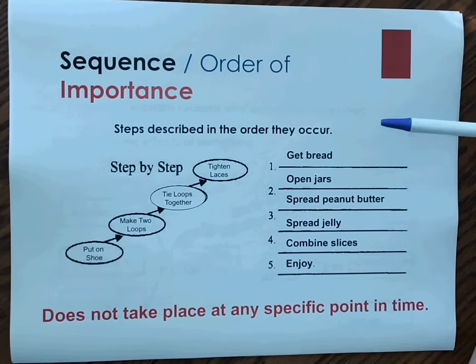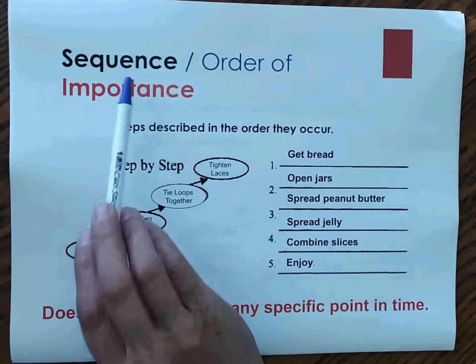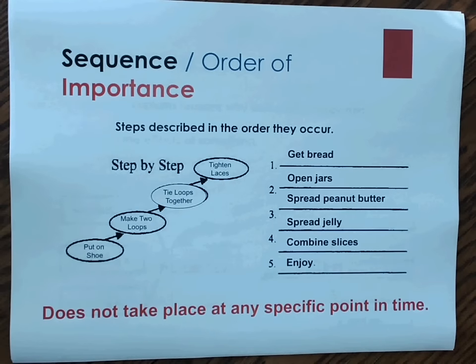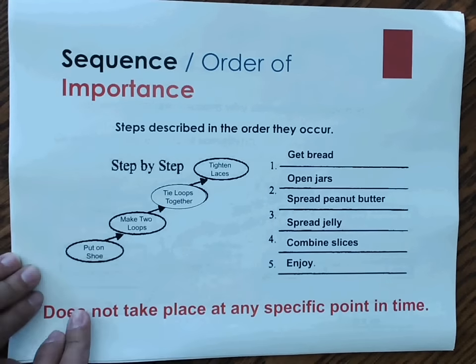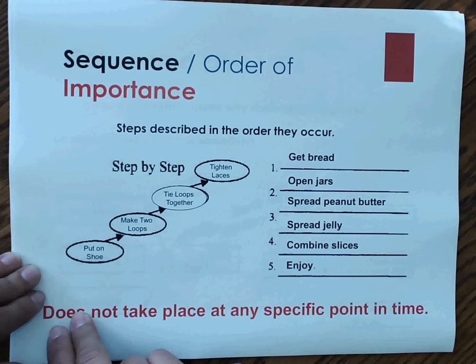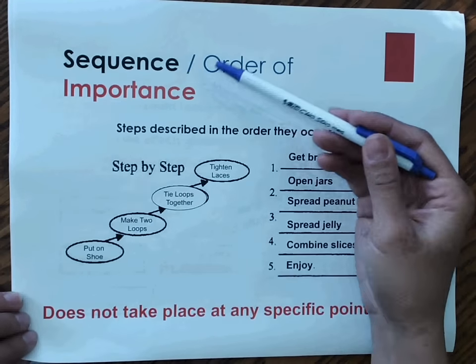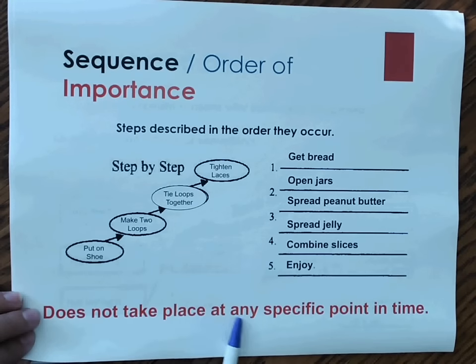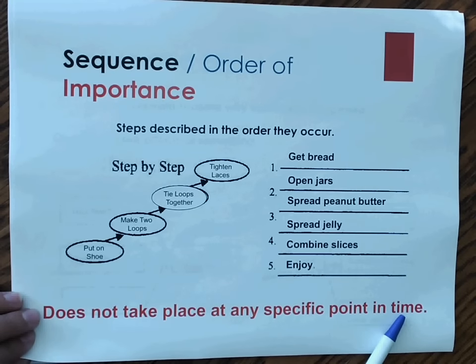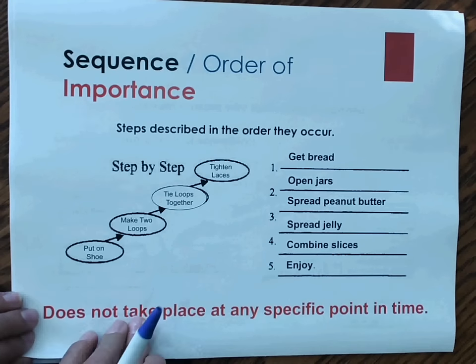We've told how to make a peanut butter and jelly sandwich in sequential order. The difference between chronological and sequence is that sequence does not take place at any specific point in time. Chronological does, because it's represented by a timeline.